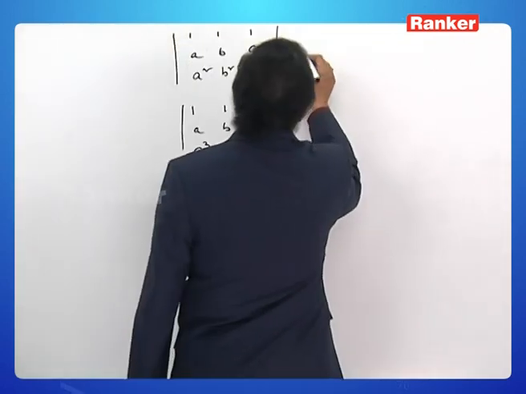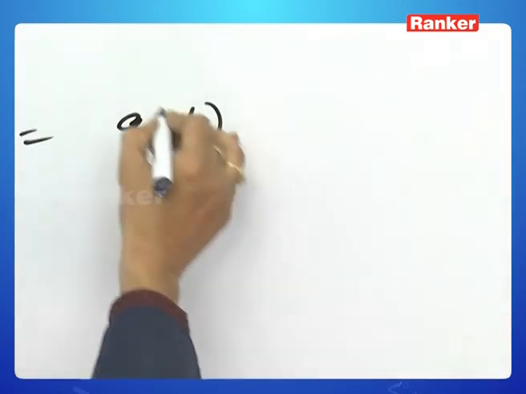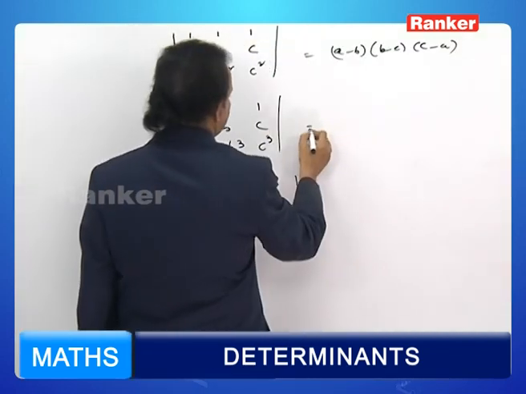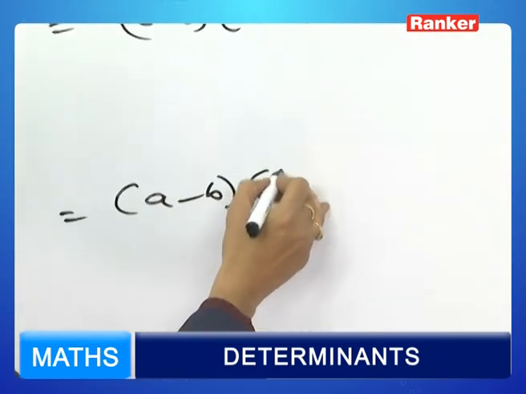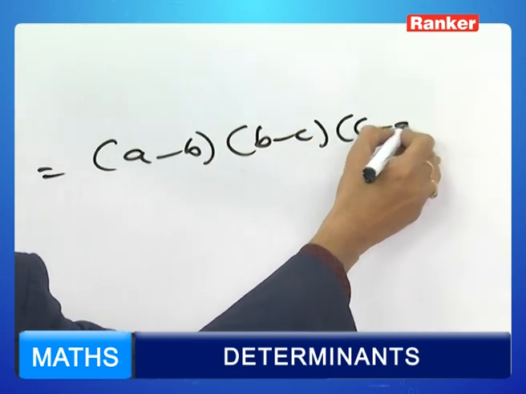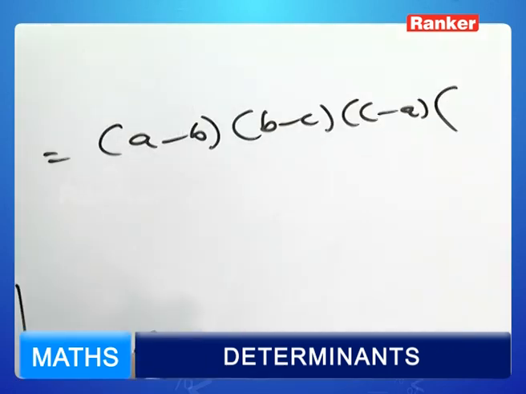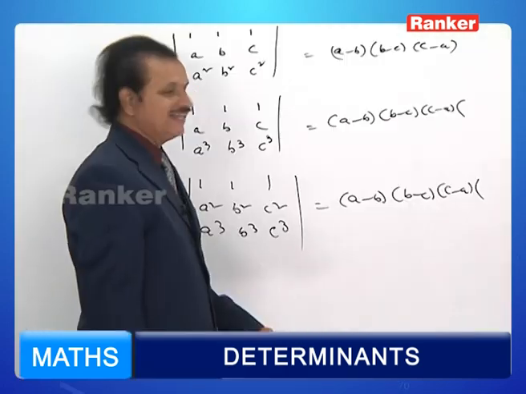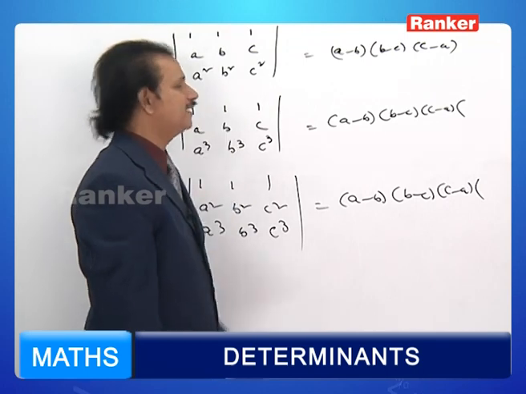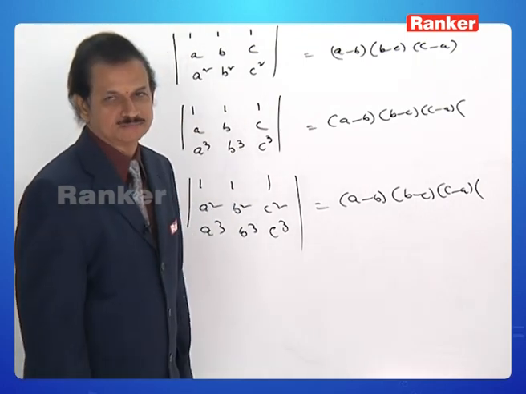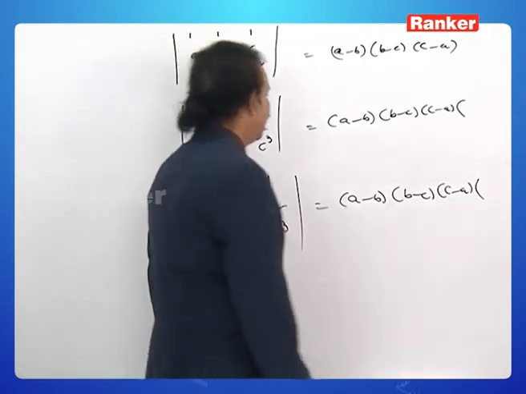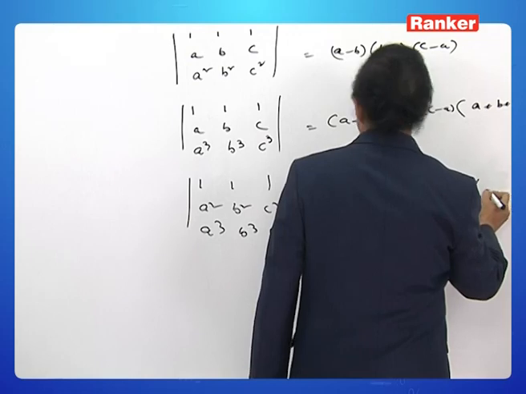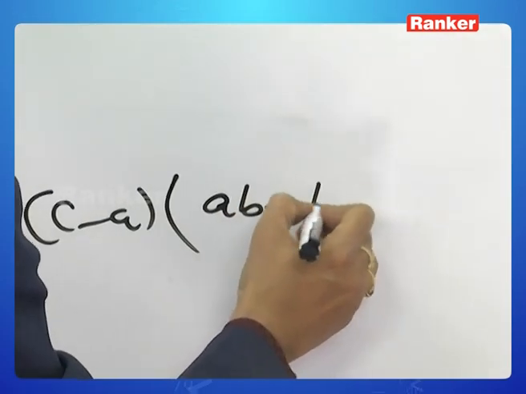Look here, this is equal to A minus B into B minus C into C minus A. In all these answers, A minus B into B minus C into C minus A is a common factor. Here, extra A plus B plus C will remain, and here it is AB plus BC plus CA.